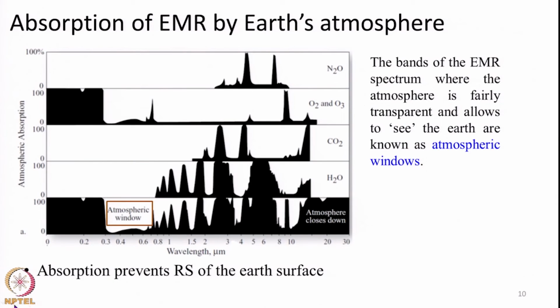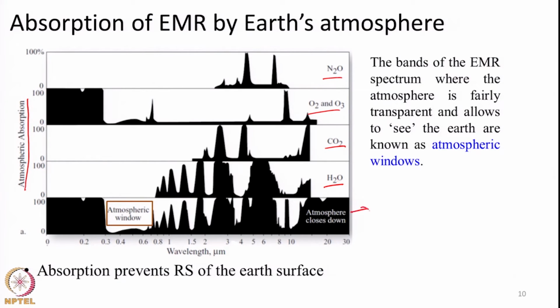This particular slide is actually a mirror image of the past slide. In the past slide I showed you atmospheric transmission; here I am showing you atmospheric absorption because of the different gas molecules present. The atmospheric absorption is divided into its constituent components, showing which causes absorption at which wavelength.